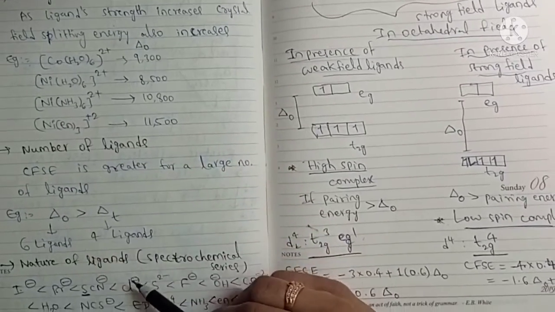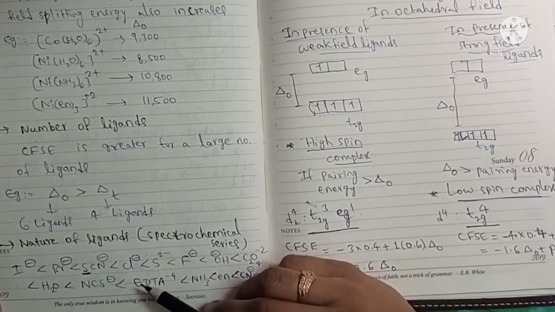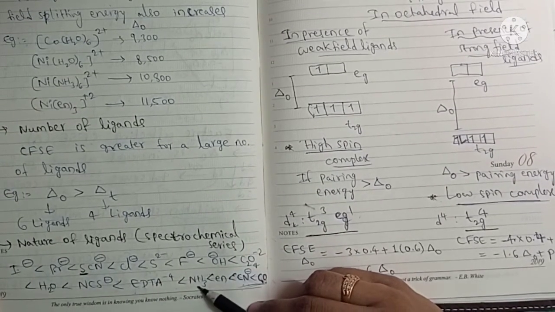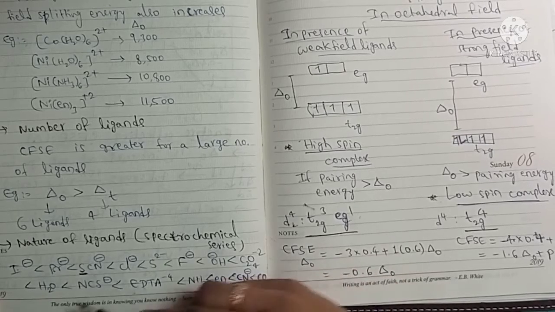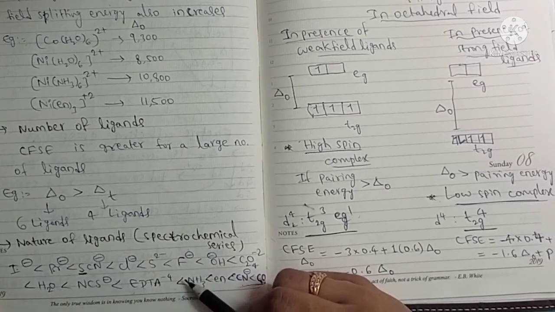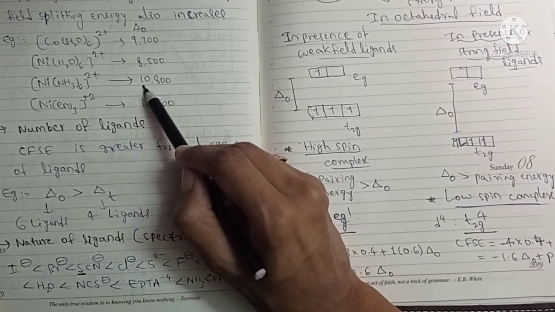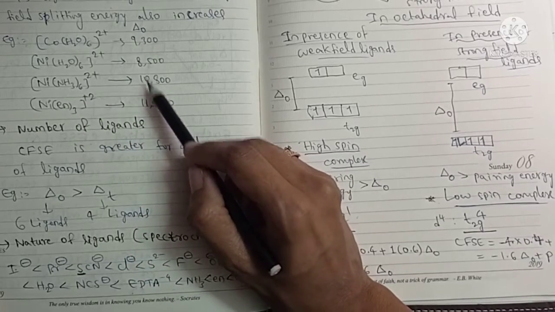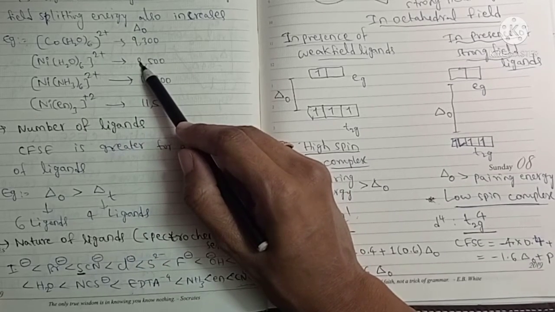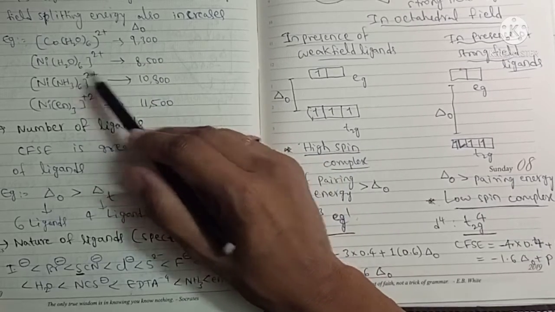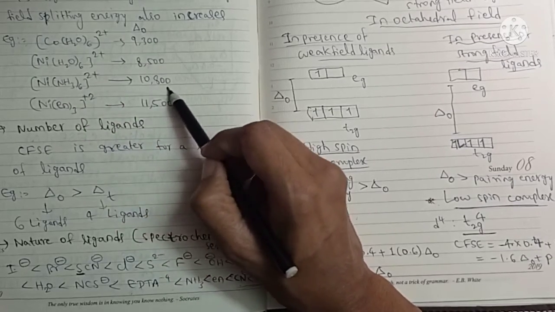In the spectrochemical series ammonia has more strength, and water is a weak field ligand. So in the presence of NH3 the delta naught value is 10,800, and here it is 8,500. So in the presence of ammonia the gap will be more.